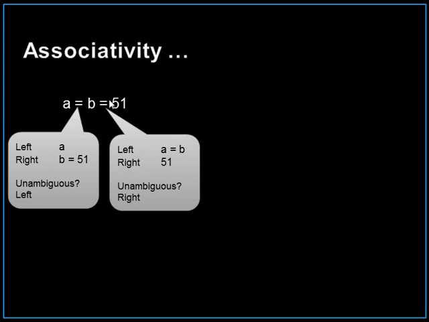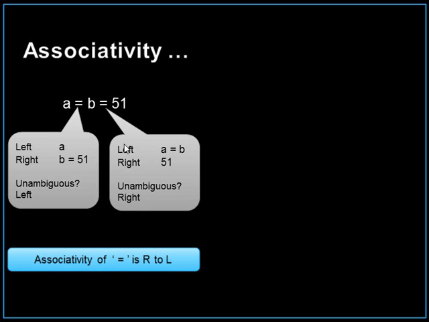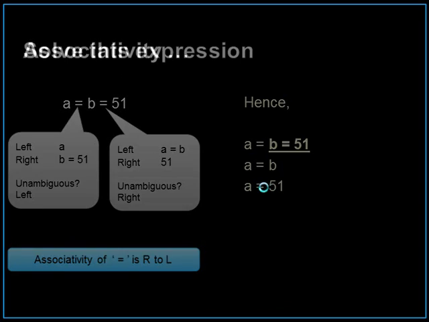If the second equal to is taken into consideration, the left is a equals b, the right is 51. Now the associativity of equal to is right to left. So the one to be solved first is the one whose right operand is unambiguous. So this equal to will be solved first, then this equal to.